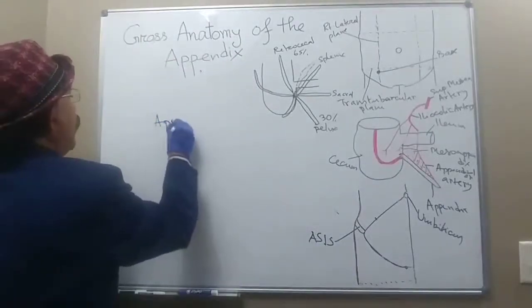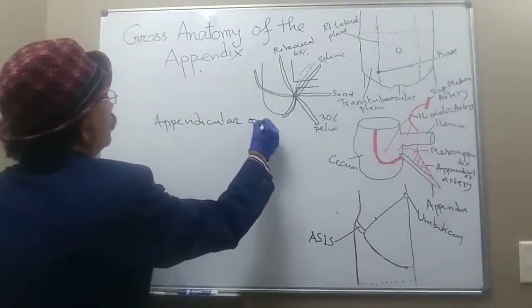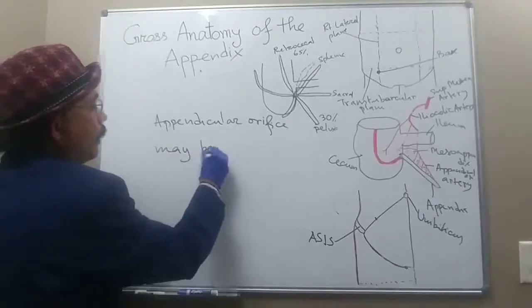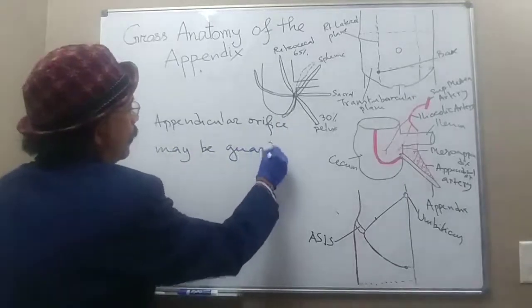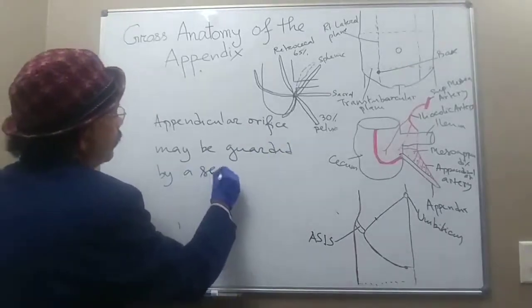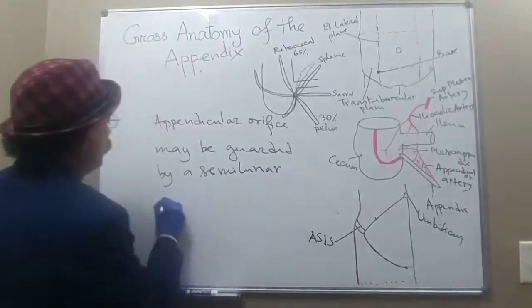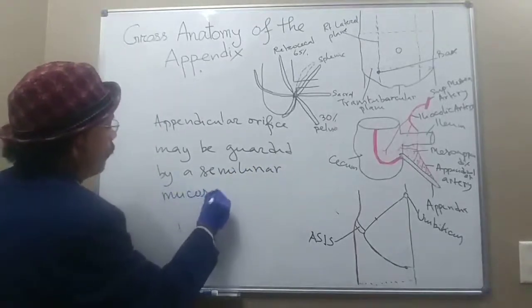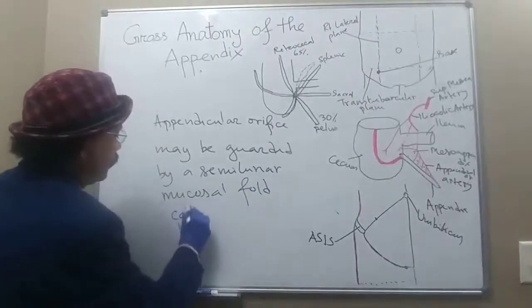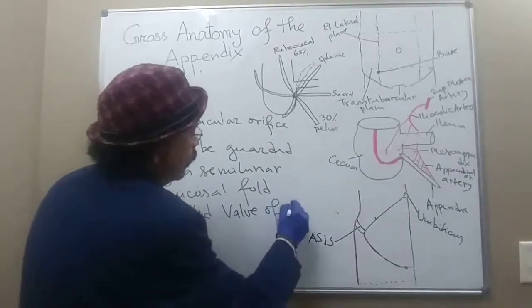So the appendicular orifice may be guarded by a semilunar mucosal fold called the valve of Gerlach.